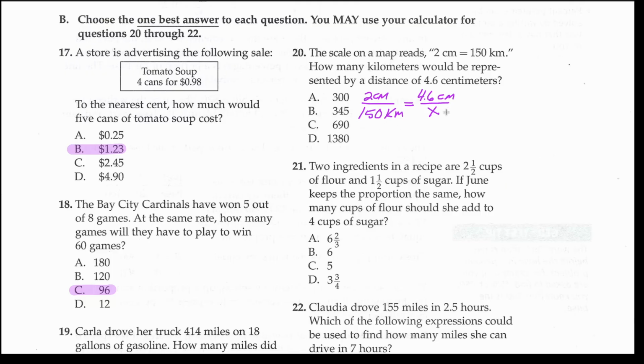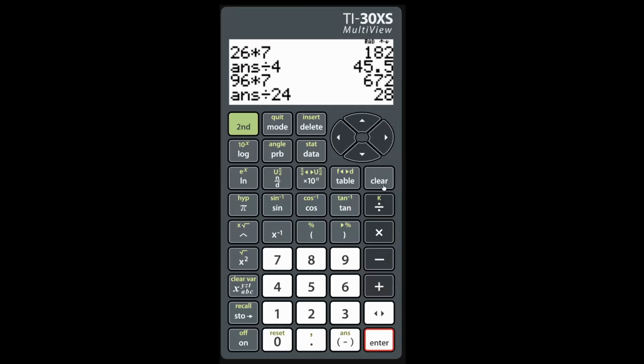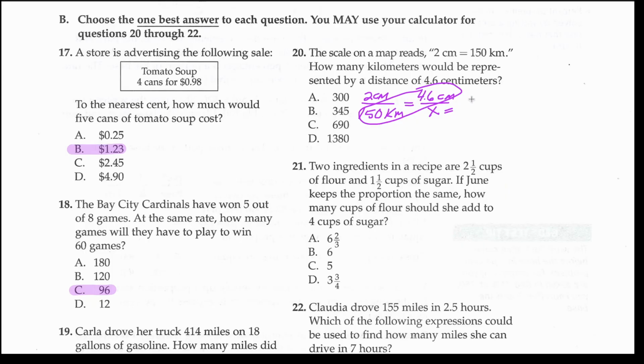Now to solve for x, we need to multiply 4.6 times 150. Go to your calculator. 4.6 times 150 equals 690.